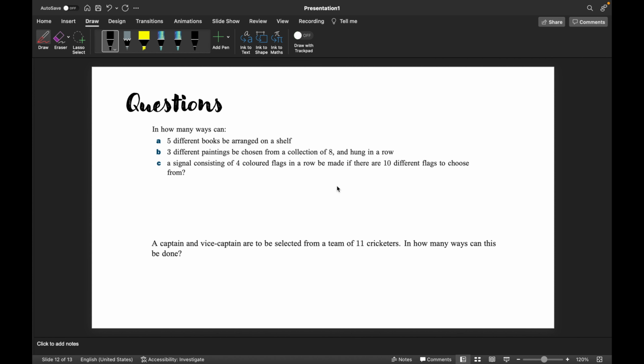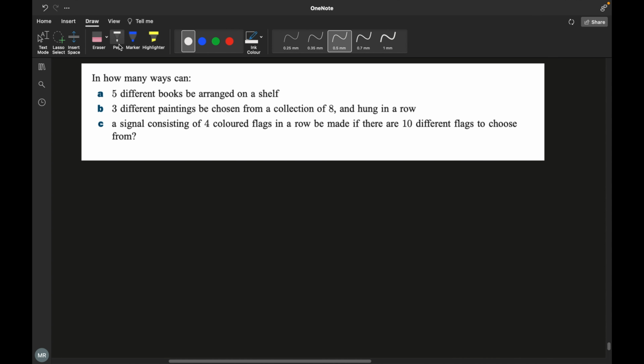The first question, in how many ways can 5 different books be arranged on the shelf? It's 5 books taken 5 at a time. So it's going to be 5 factorial divided by 5 minus 5 factorial, which is 5 factorial divided by 0 factorial.